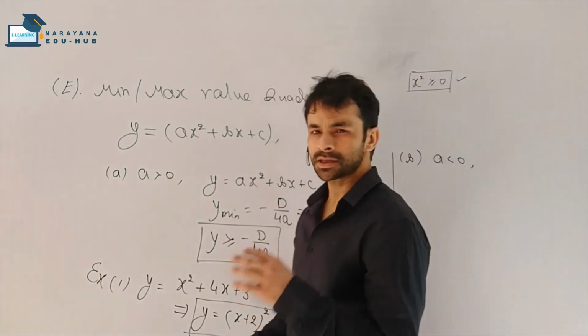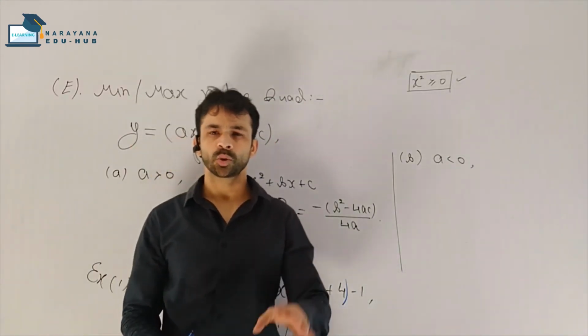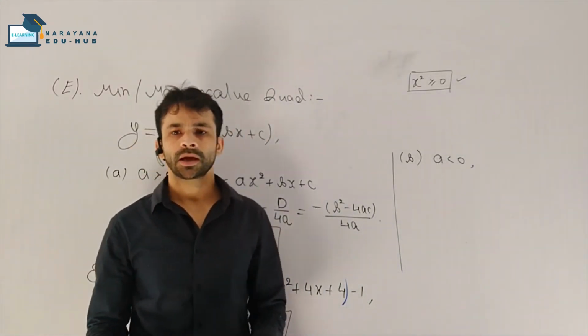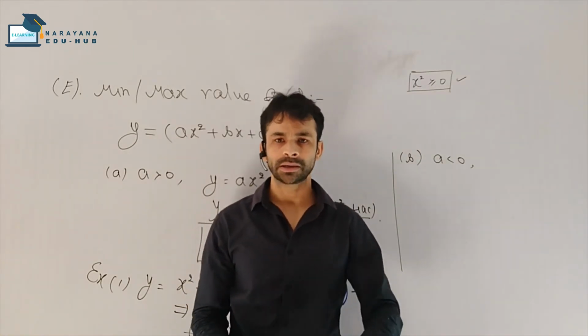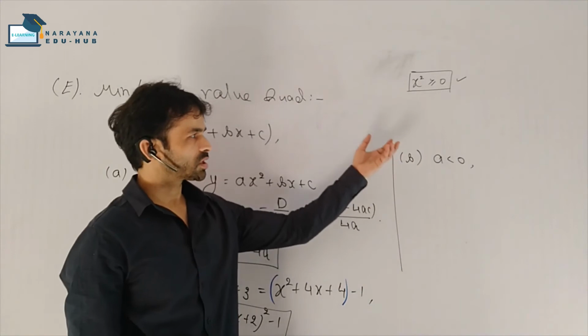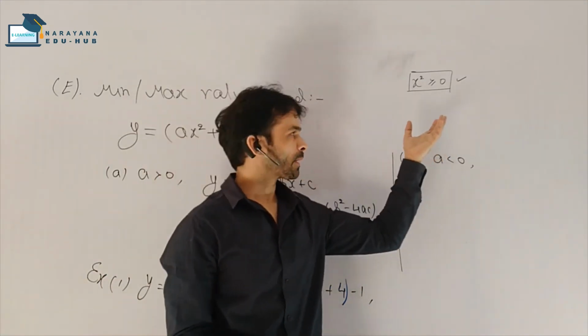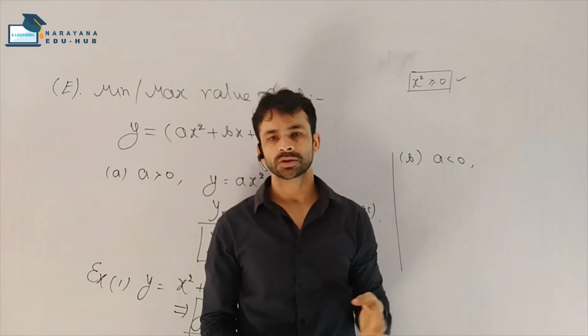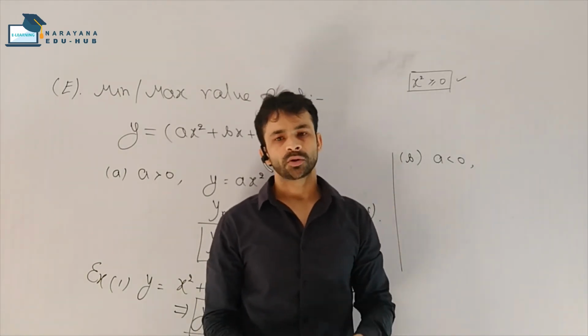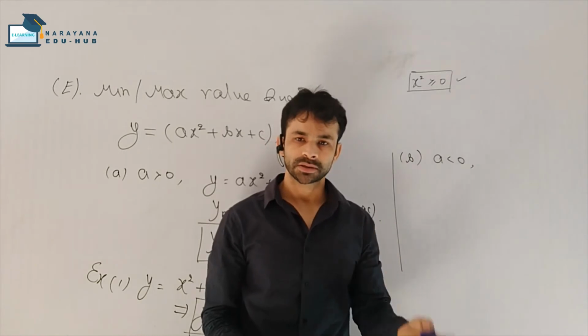This is a very basic result and we use it throughout the maths. IIT exam is about very basic things, little things. You just have to keep on using them. Anything squared is always positive or can be 0.